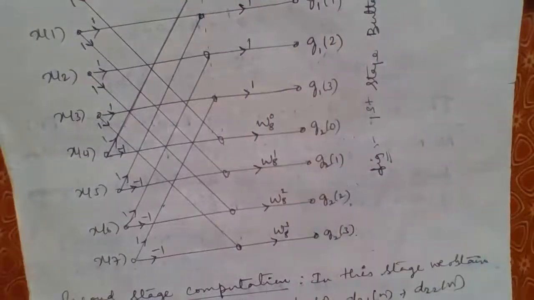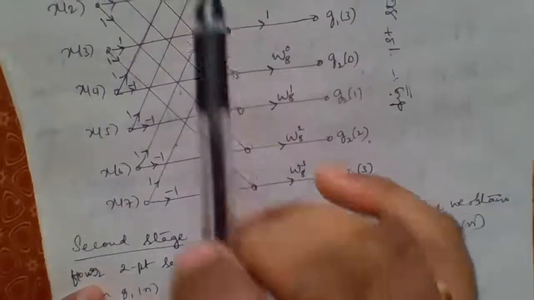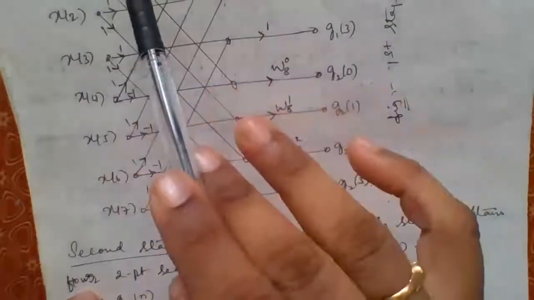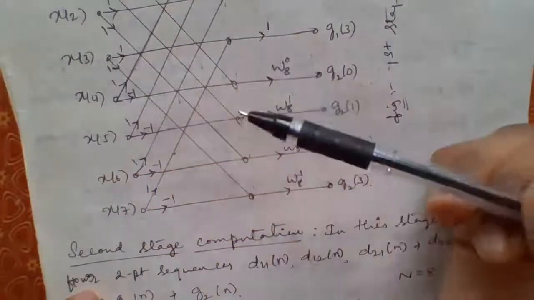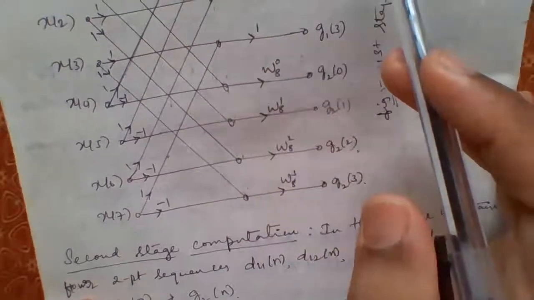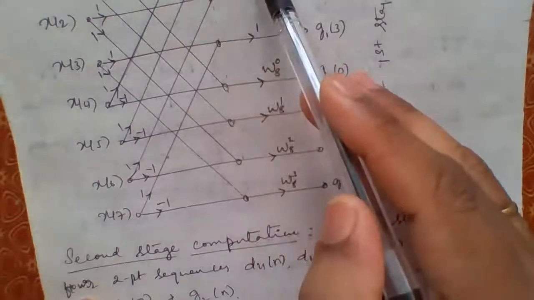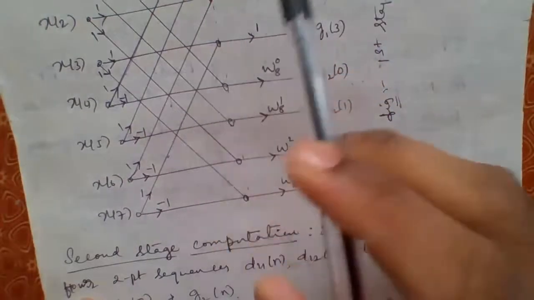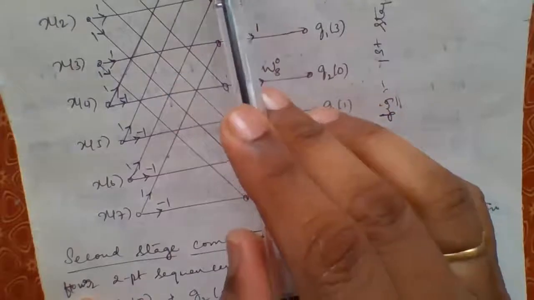To draw the signal flow graph, you will have to show the signs also on the same signal flow graph, because when you are writing for any g1 equations, it is simply addition. But when you are writing for g2 sequences, subtraction is involved.